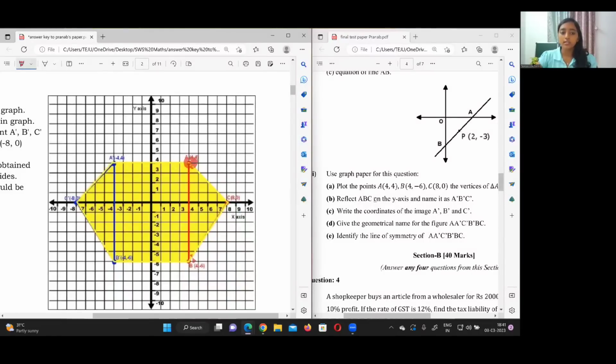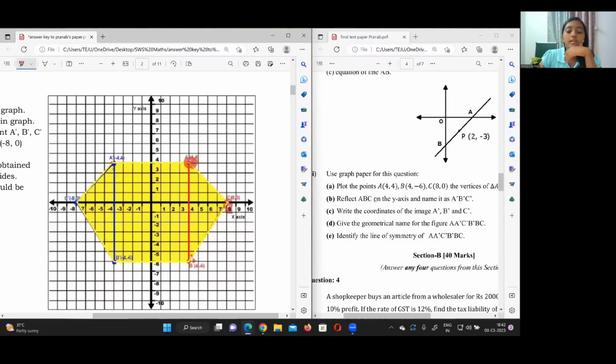And then they're asking you for C 8, 0, which is here, right? Now they're saying, once this is done, reflect ABC on the y-axis. The y-axis is this axis. When they ask you to reflect on the y-axis, it is nothing but x is equal to 0. So the x coordinate changes. So A, when it's reflected, becomes minus 4, 4, which is here.